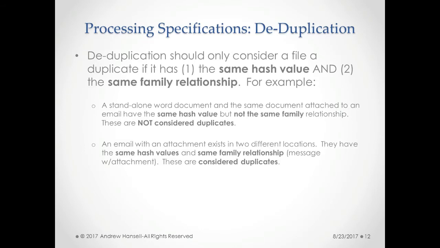Now consider an email that exists in two different locations that have the same hash value and the same family relationship. Perhaps an email from me to another custodian, and I have two copies of it: one in the collection of the custodian who received it and one in my collection from sending it. Those are the same files. They have the same hash value. They have the same family relationship. Software will consider those to be duplicates.